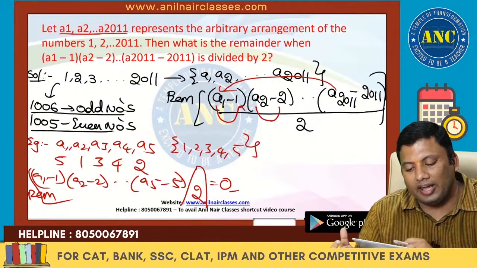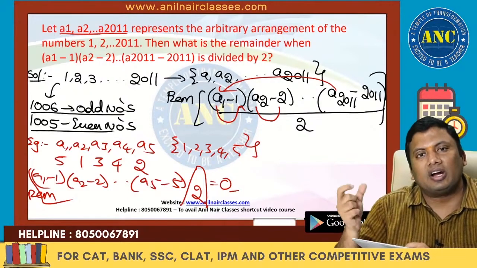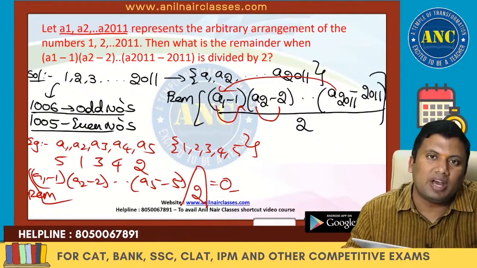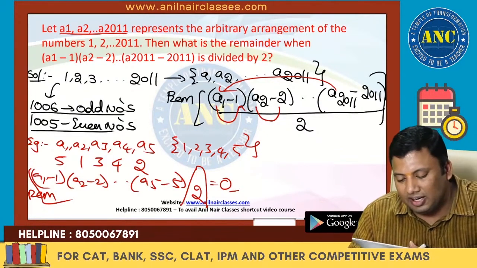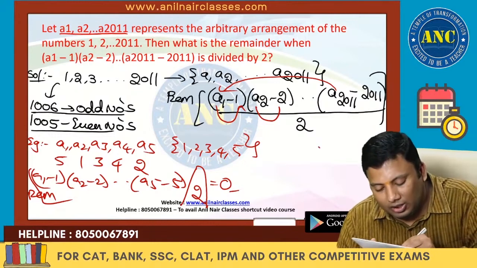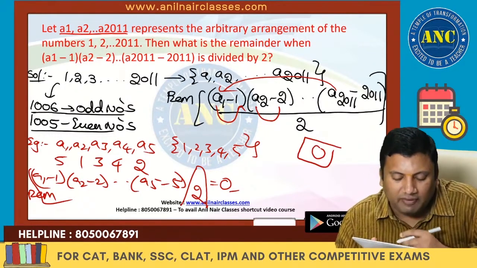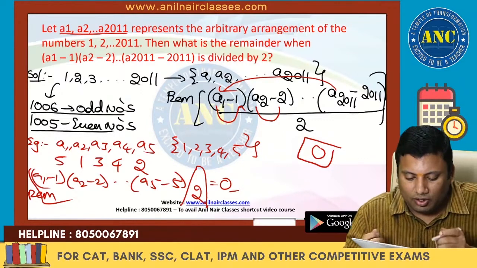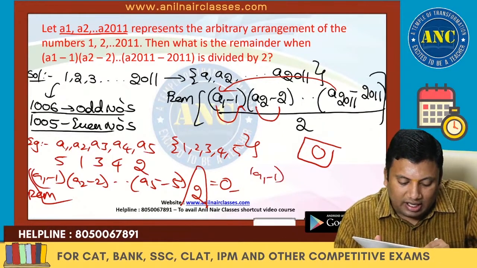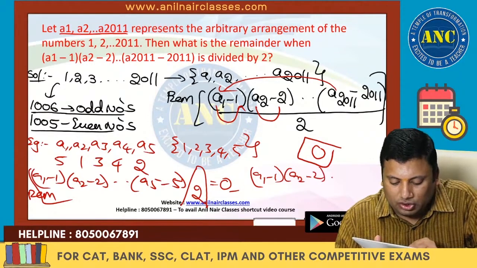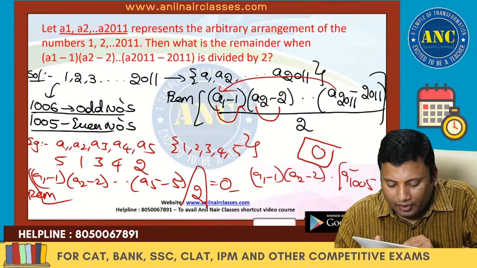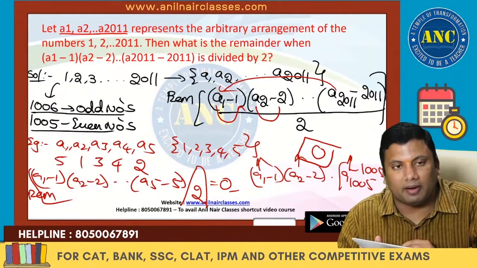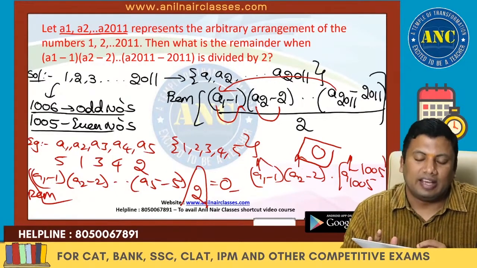If you choose A1 as an odd number, 1 is odd, and odd minus odd is an even number. If you choose A2 as an even number, even minus even is an even number. Even into any number is even. When divided by 2, what will be the answer? 0. Even if it is A1 minus 1, A2 minus 2, up to A1005 minus 1005, if you give all 1005 even numbers here, even minus even is even.